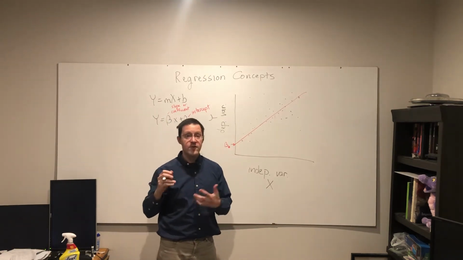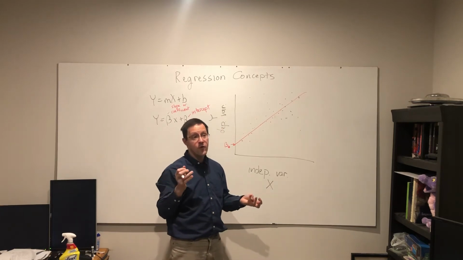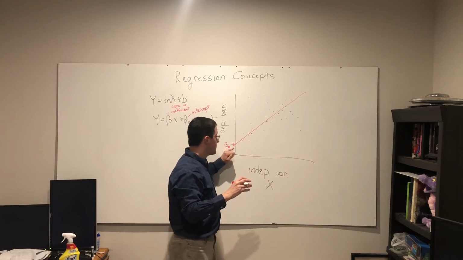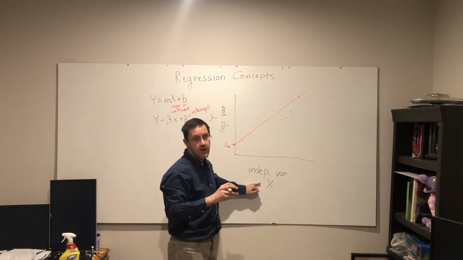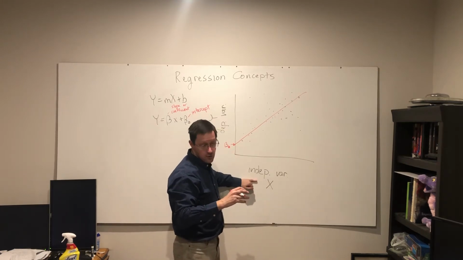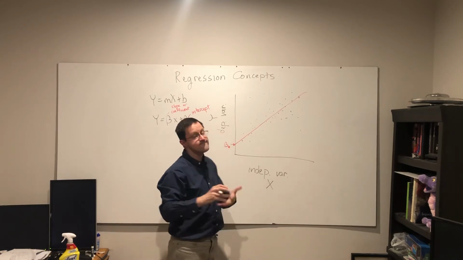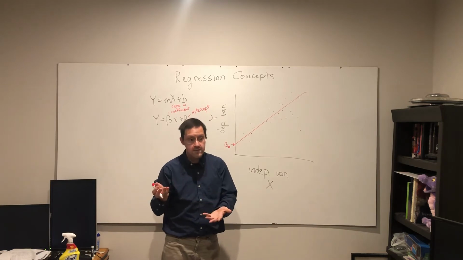Sometimes that's useful for us in interpretation, sometimes it's actually not useful for us. That goes on a case-by-case basis, depending on whether it really matters what the value of our dependent variable is when our independent variable is 0. That may be of interest, that might not.